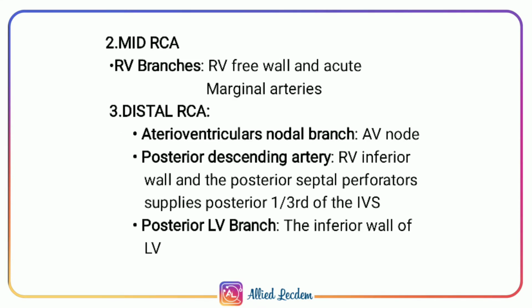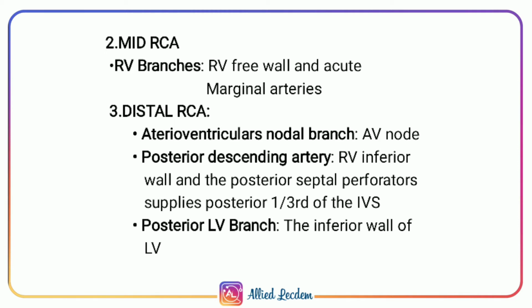The mid RCA gives off the RV branch that supplies the RV free wall, and the acute marginal arteries. The distal RCA gives off the atrioventricular nodal branch, which supplies the AV node. The posterior descending artery supplies the RV inferior wall, and the posterior septal perforators supply the posterior one-third of the intraventricular septum, and the posterior LV branch, also known as the PLV, supplies the inferior wall of the LV.